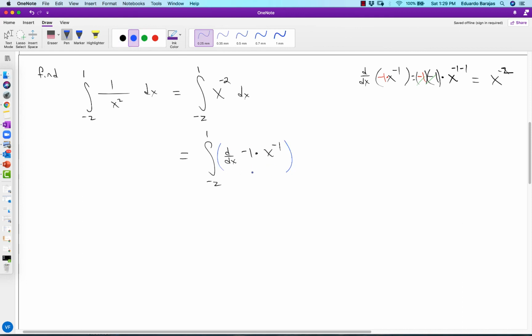We know that the derivative of this is equal to exactly that, so this is being replaced by this, dx. And when we have it in this format, the integral of a derivative, these two operations undo each other. So this is going to be equal to the function negative 1 times x to the negative 1, evaluated from negative 2 to 1.